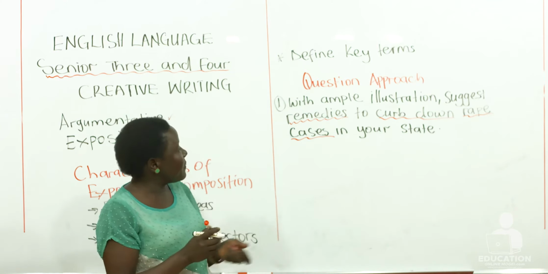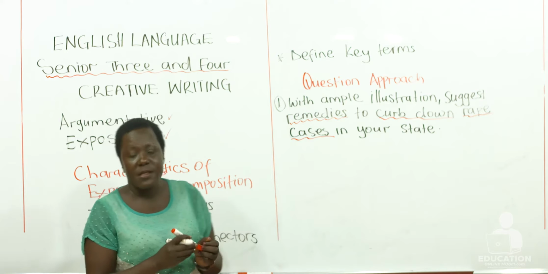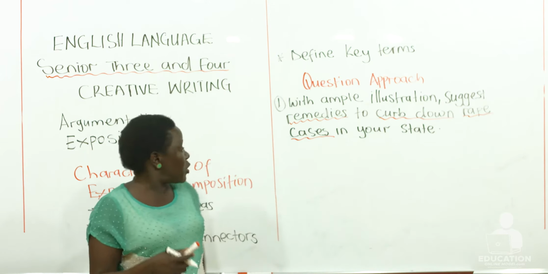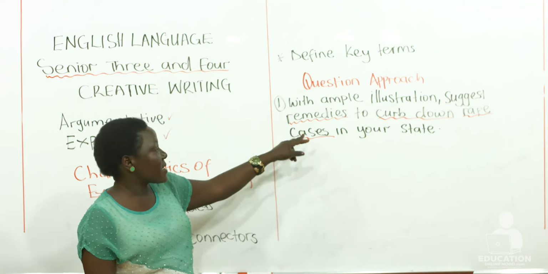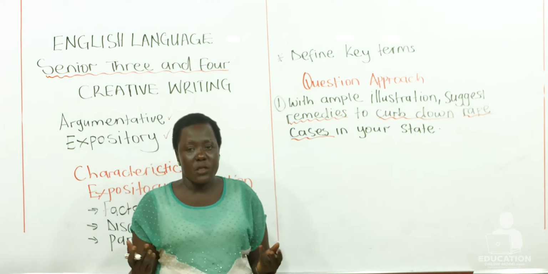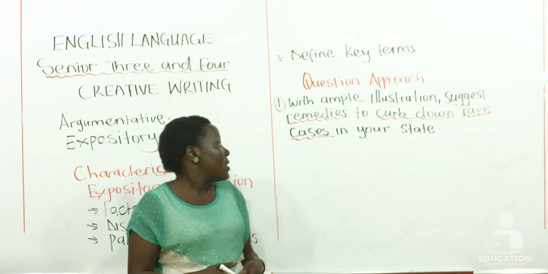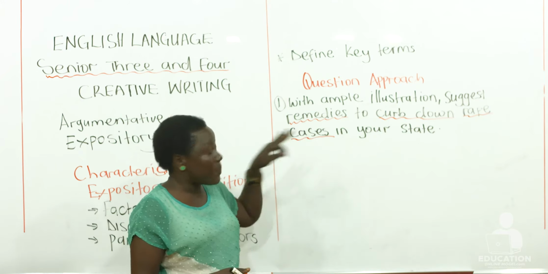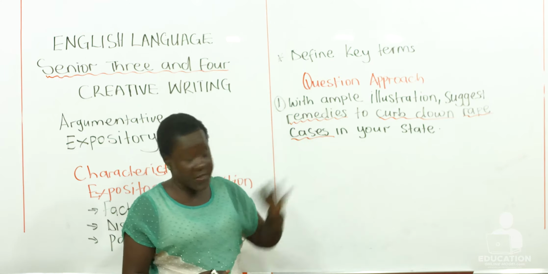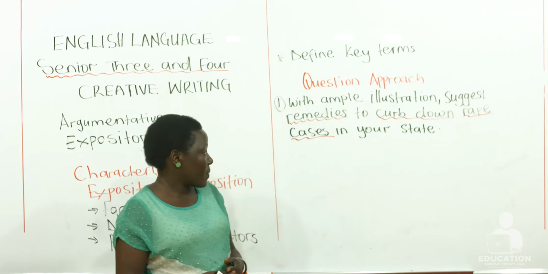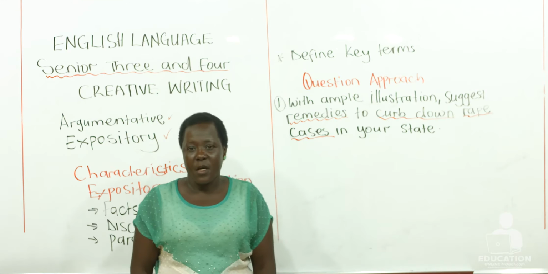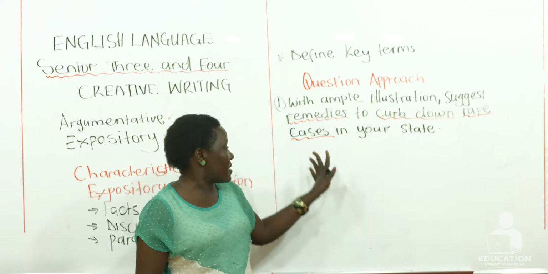Now, when you have identified key terms like this, begin to define them or to give the concept. Like in this case, remedies means solutions or ways of preventing something or controlling something. Then curb down means to reduce the level of rape cases.